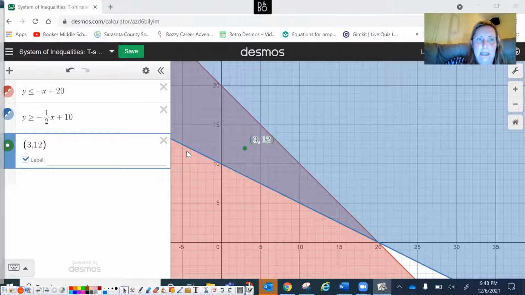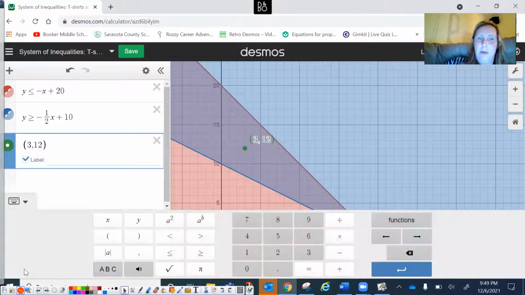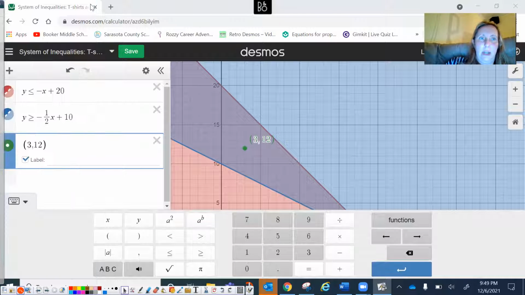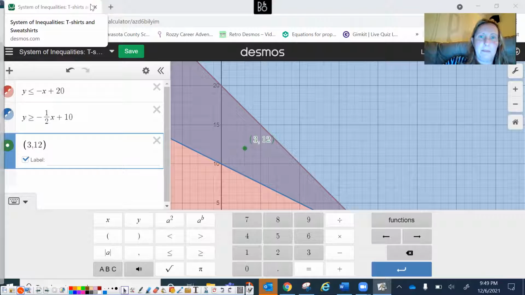You can see the red line is right here. That's negative x plus 20, okay? And it's shaded down. And then the blue line is y is greater than. If you need greater than or equal to or less than or equal to, you're going to pull them up from the keypad right here, okay? When you're in desmos.com/calculator, that is the graphing app.